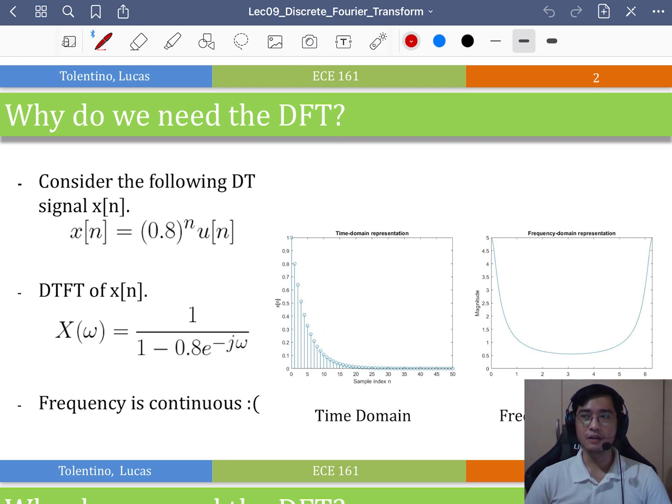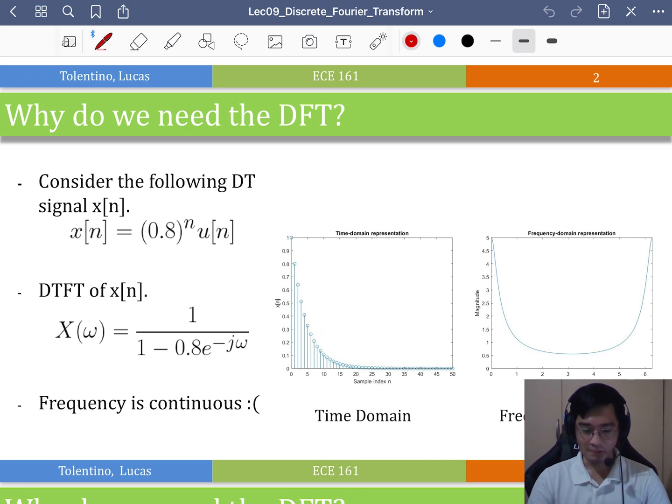So all signals, or most of our practical signals, exhibit this property in the digital domain, right? So if we want to represent that in the frequency domain, we use the discrete time Fourier transform, because that time domain signal is discrete time and aperiodic.